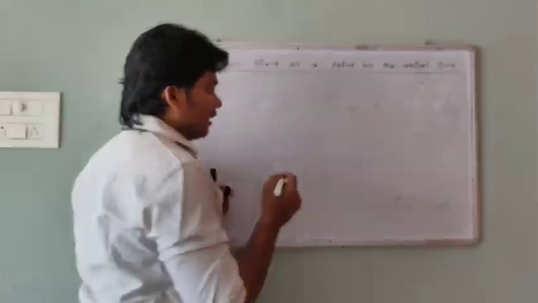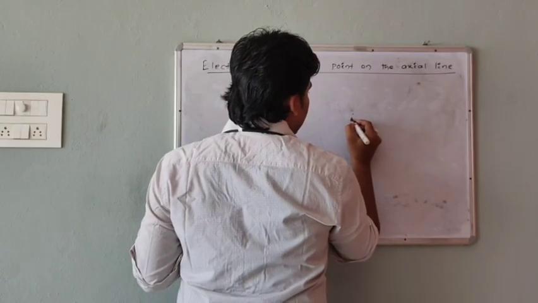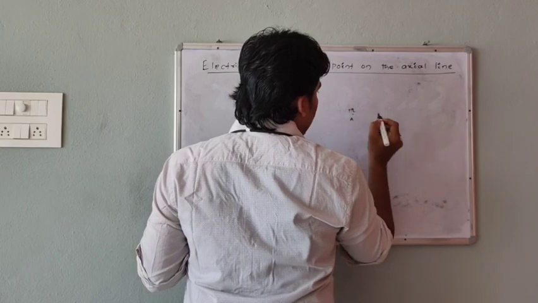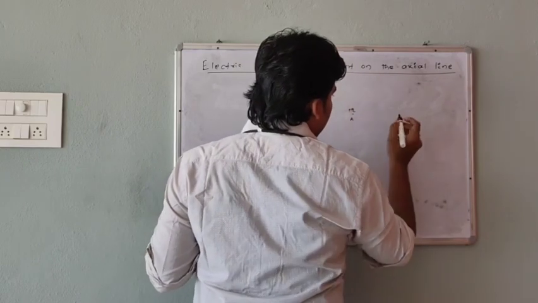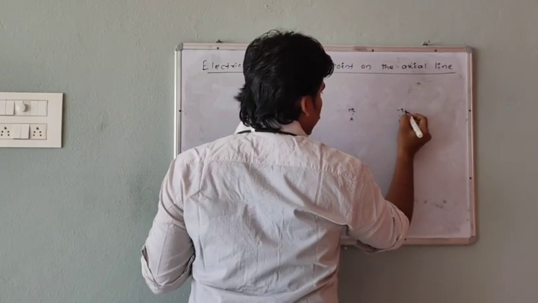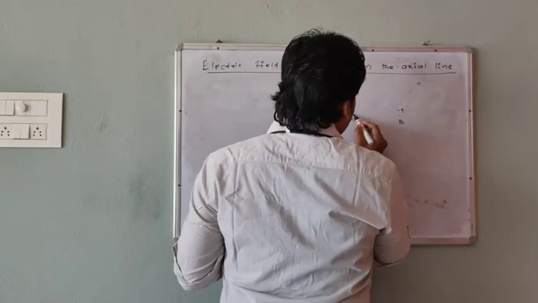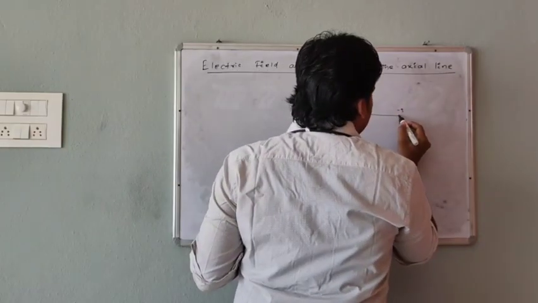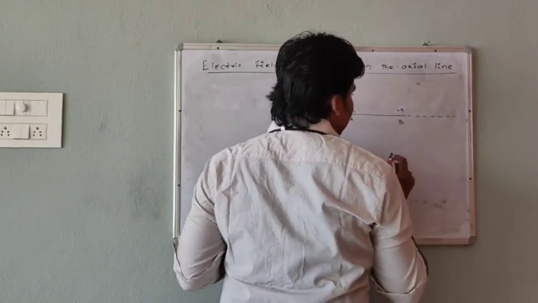Means, if this is a charge plus Q situated at point A, the same way this is a charge minus Q situated at point B, and this is the dipole, and this is the axial line.